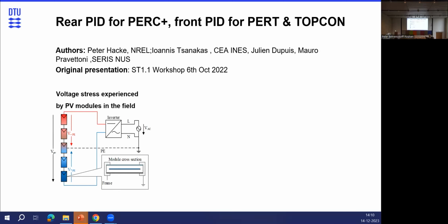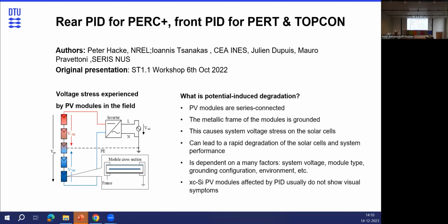Depending on the polarity, this causes a stress on the cells that, depending on the type of cells, the temperature, humidity, and the conductivity and soiling of the surface, can cause no or some degradation.